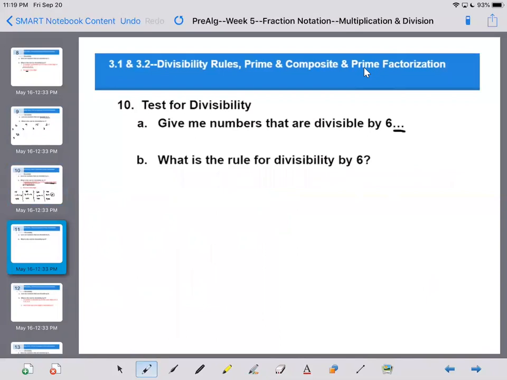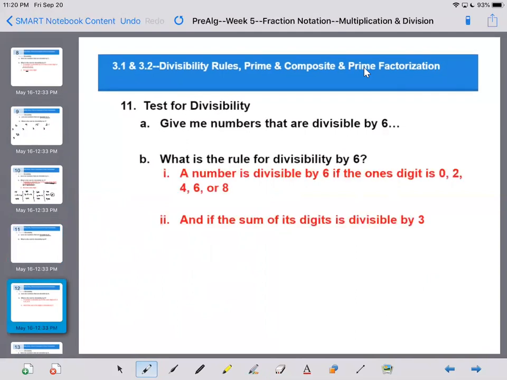What do we know if it's divisible by 6 or not? You think about your numbers that are divisible by 6. In class, I'll ask for some examples, and we'll look at some patterns. But what we know here is if a number is divisible by 6, we can look at the ones digit.